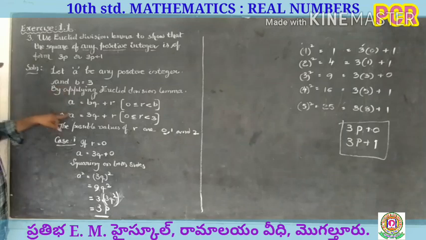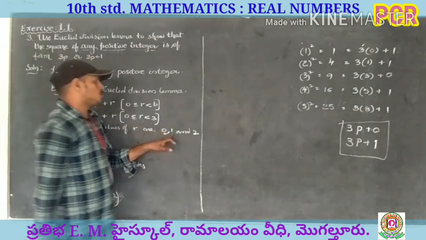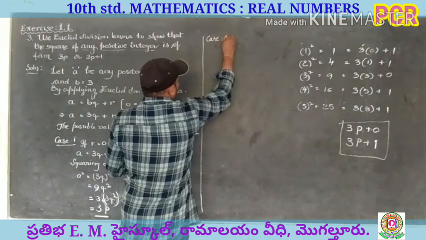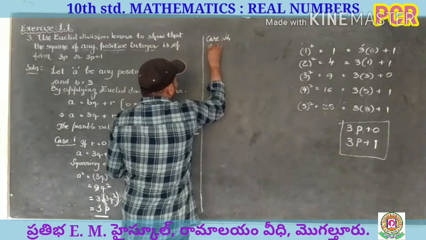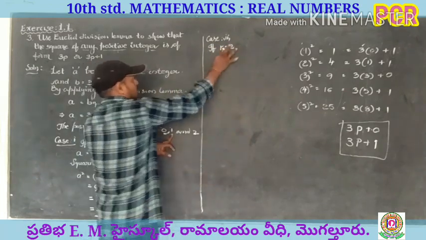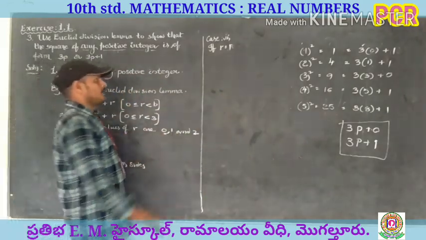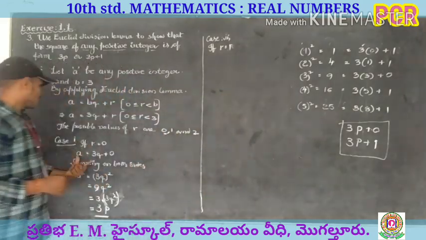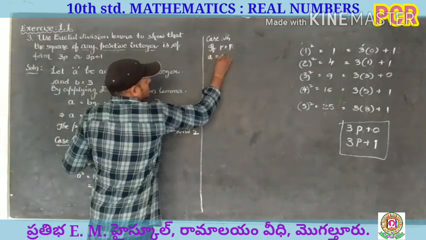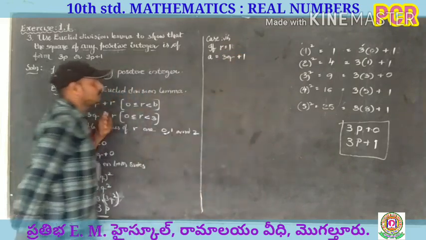And in the second case, if r is equal to 1, case 2. So r is equal to 0 is completed. Now r is equal to 1. So a is equal to 3q plus r, a is equal to 3q plus 1.